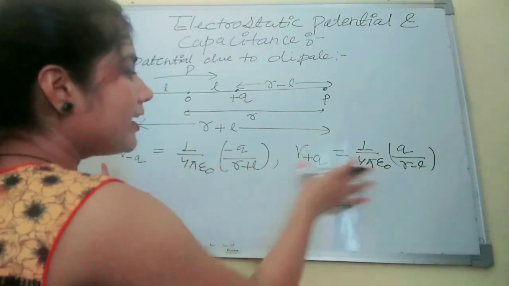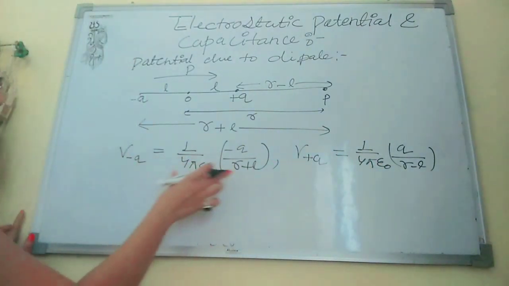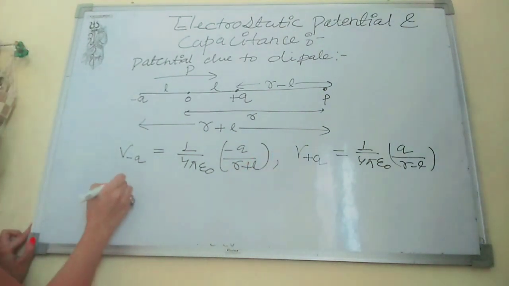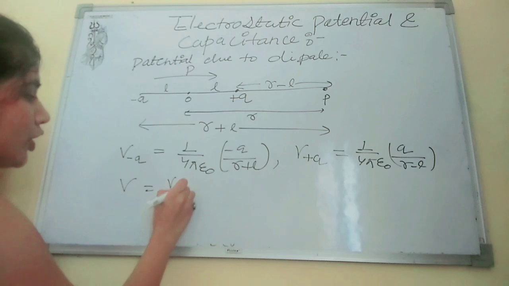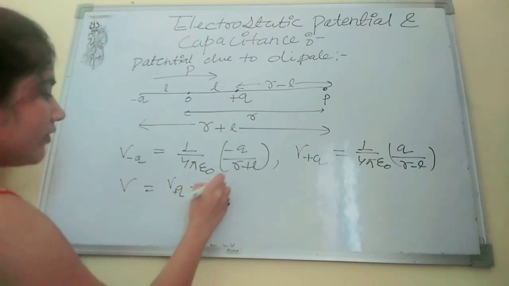Now we will find the net potential. We simply add both the potentials from both points, that will be V total equal to V plus q plus V minus q.